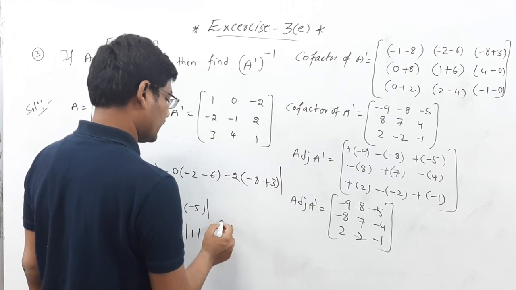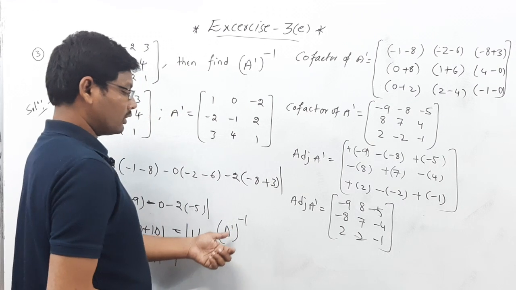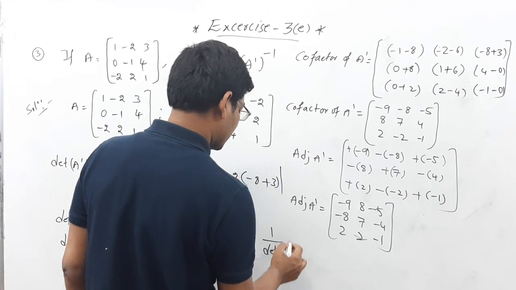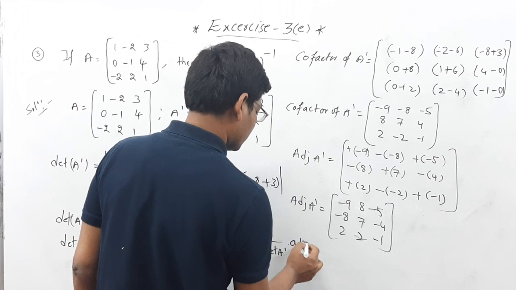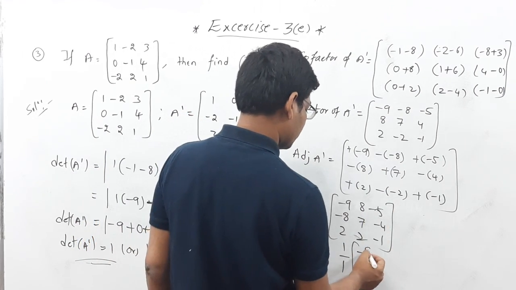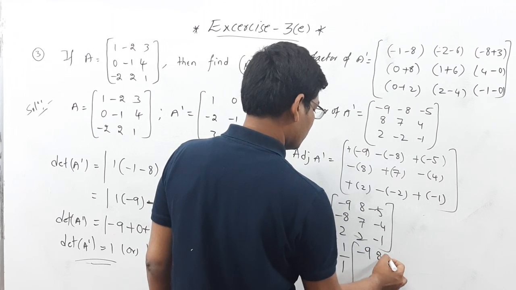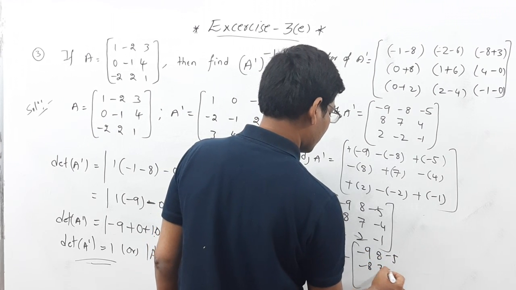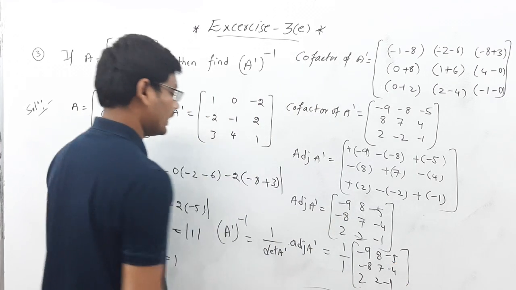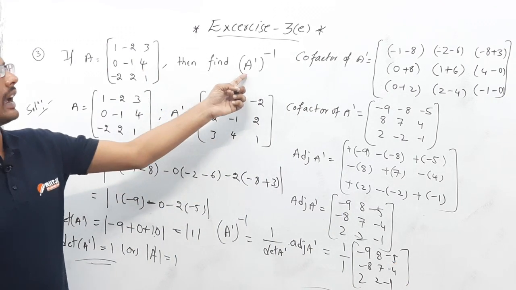We need A dash whole transpose, A dash whole inverse here, then 1 by det of A dash into adjoint A dash. Now 1 by 1 is the det value, and adjoint of this matrix is minus 9, 8, minus 5, minus 8, 7, minus 4, 2, 2, minus 1. This is the final answer for A dash whole inverse.